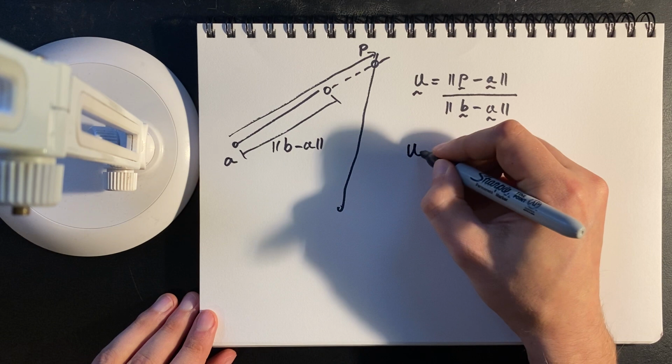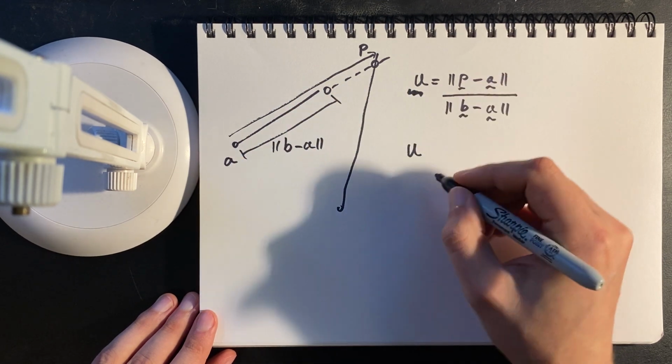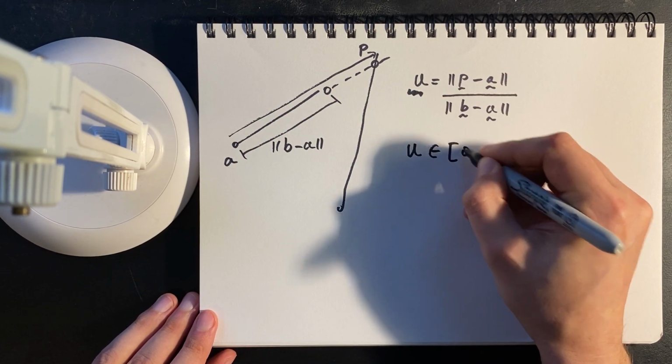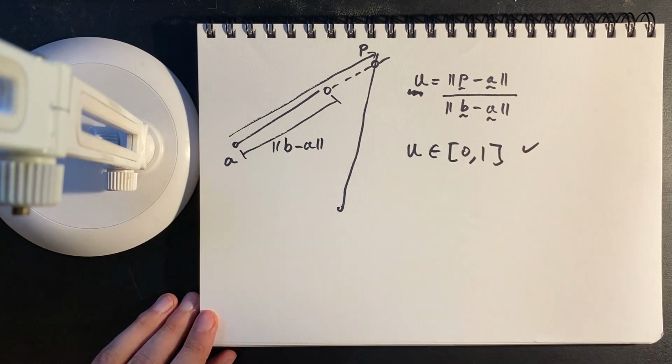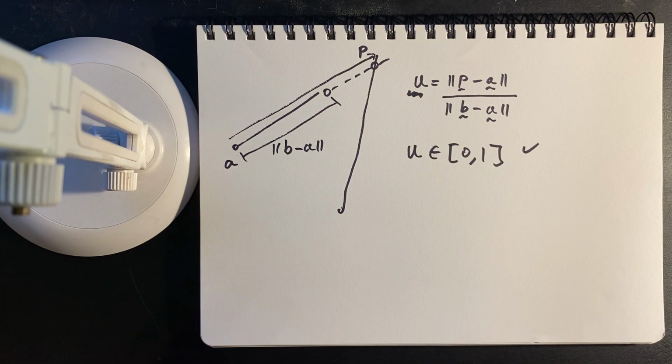Whoops, that's the scalar, not a vector. If u is between 0 and 1, then we're good. Otherwise, yeah, we've missed the wall. We've shot too far to the right or left of it. Anyway, that's the math behind raycasting, pretty much.